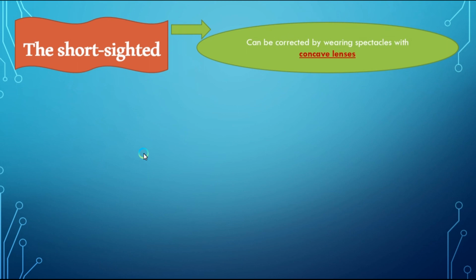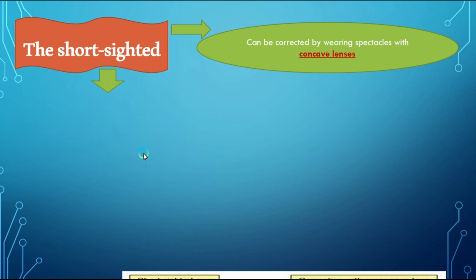He can correct it by what? We need to wear a spectacle. For the short-sighted, those spectacles should be concave lenses, to see the very far, distant objects.